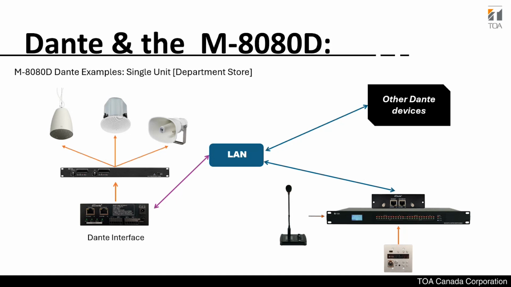We have an input from the microphone, and also an input from the MW41BT, which is an audio device. Whatever we feed here, wherever we want to send it, we can send through the Ethernet cable. You can also see other third-party devices there, which can easily communicate with the M44DT. So we can send any signal anywhere.